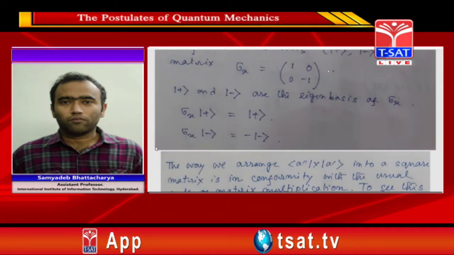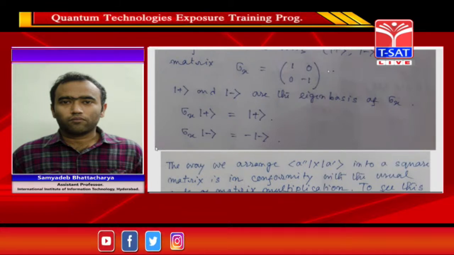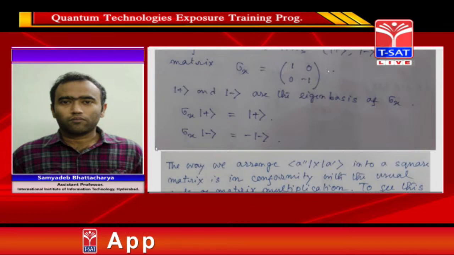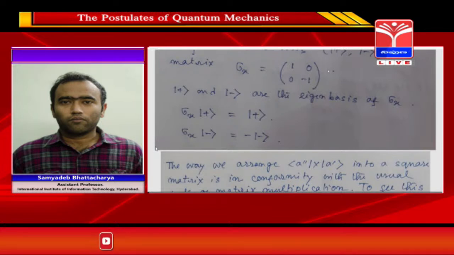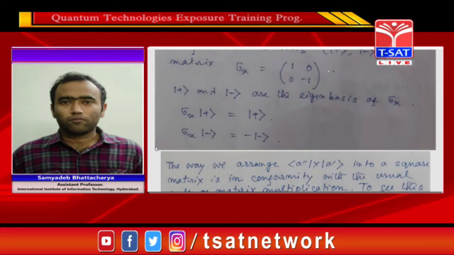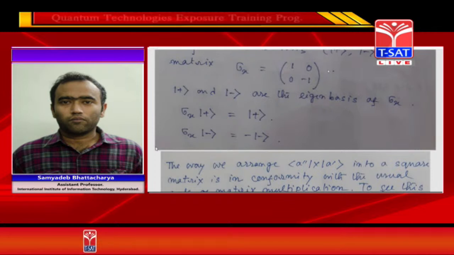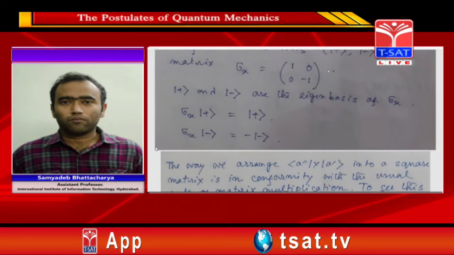But at a quantum level, they are not small. For example, a micrometer is 10 to the power minus 6 meter, that is 1 by 10 lakh of a meter. That is very small compared to us.